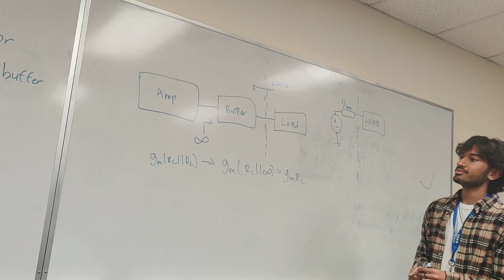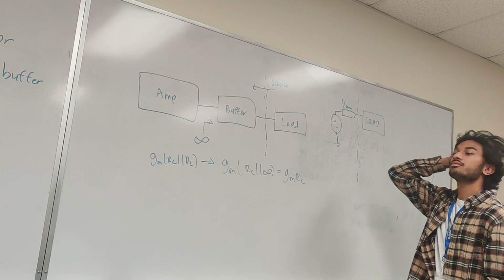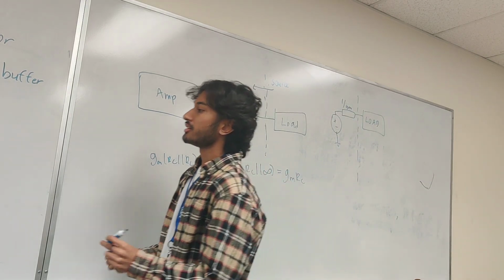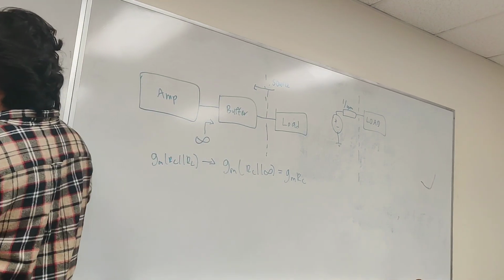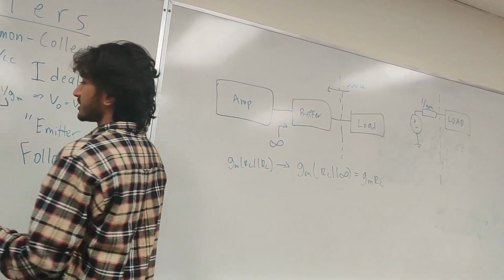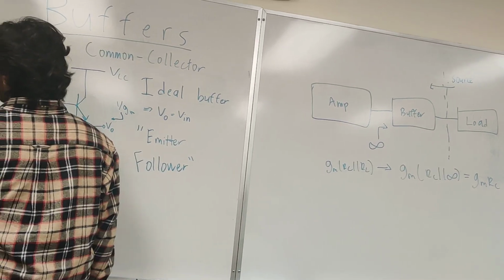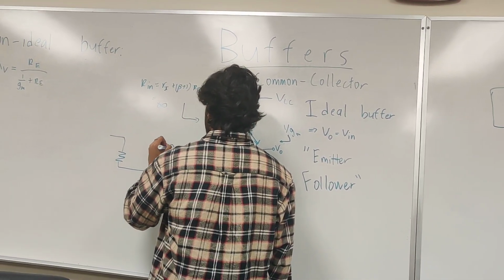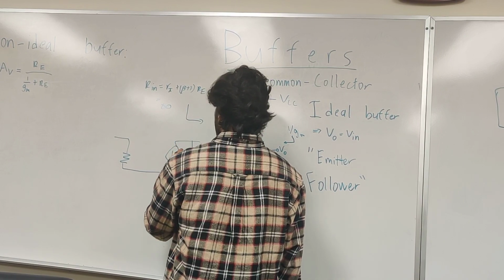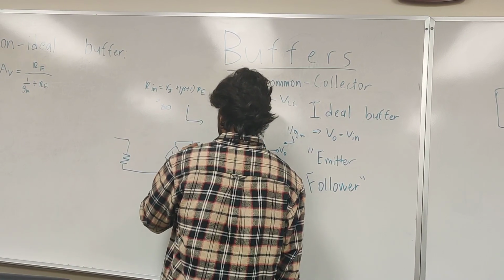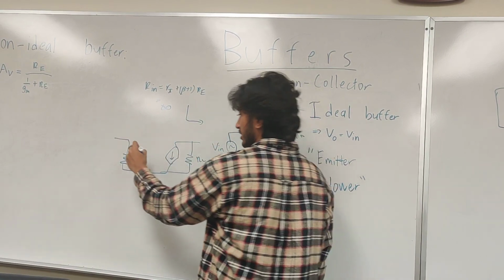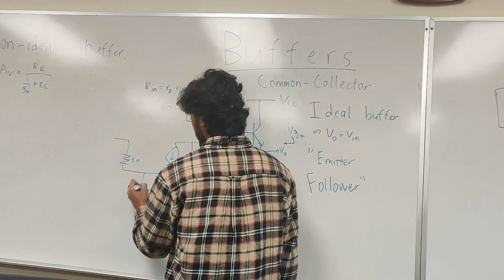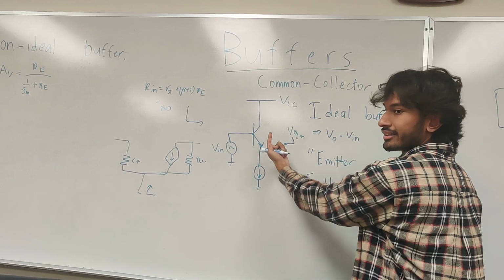Could you just re-explain why the output impedance looking in is 1 over GM? Yeah. So we look through the emitter, right? So our source is R pi. And we are going to look up this way, right here, right?